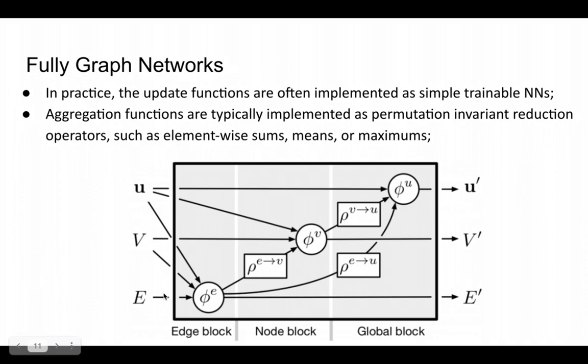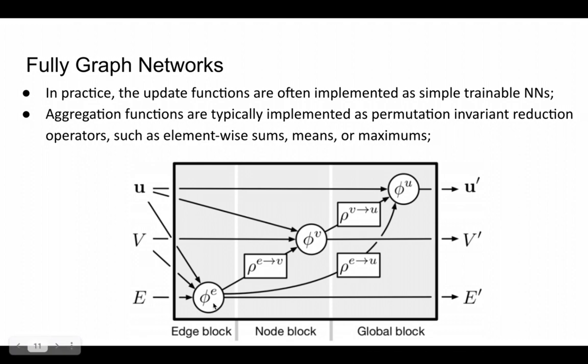In practice, the update functions are often implemented as simple trained neural networks, while the aggregation functions are typically implemented as permutation invariant reduction operators, such as element-wise sums, means, or maximums. This cartoon represents a global fully graph network architecture.